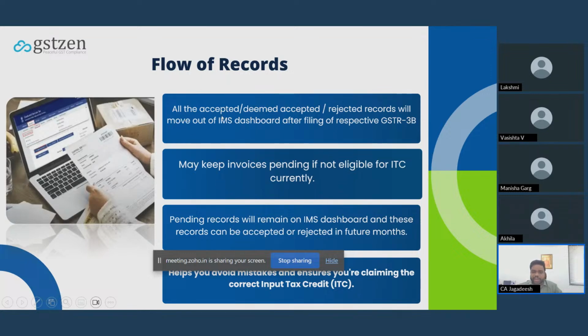So if you have taken action on everything, what invoices lie in your IMS? Only the pending invoices and the current period invoices will be there in your IMS portal. All the accepted, deemed accepted, that is the invoices on which you have not taken any action, and the rejected invoices will move out of your IMS dashboard.